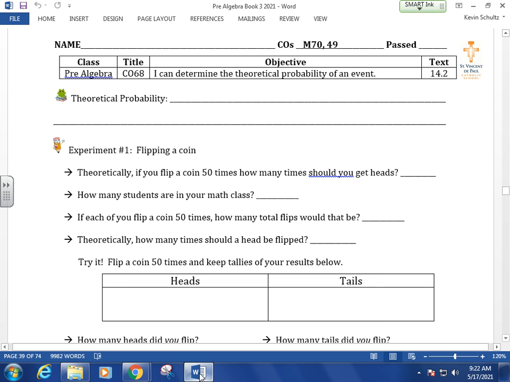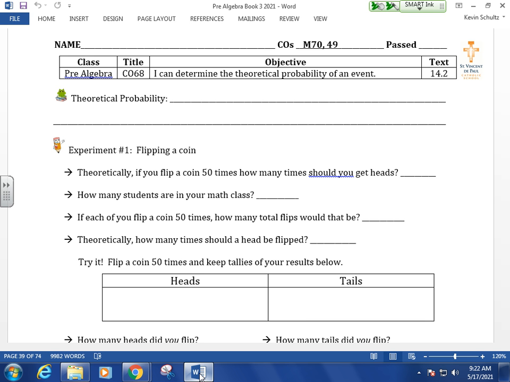Today we are covering 68 and dipping into Objective 69 a little bit as well. Talking about the differences between theoretical probability and experimental probability. And theoretical, when you start something with "in theory," you're explaining what should happen.